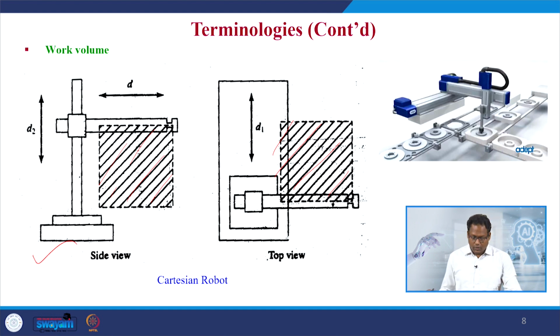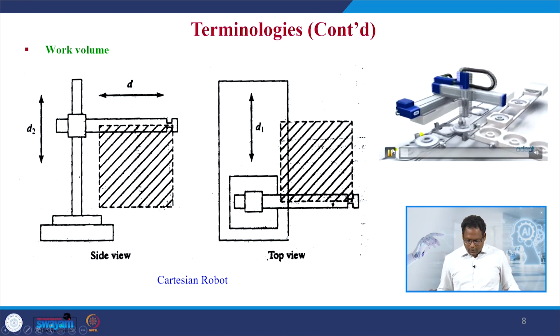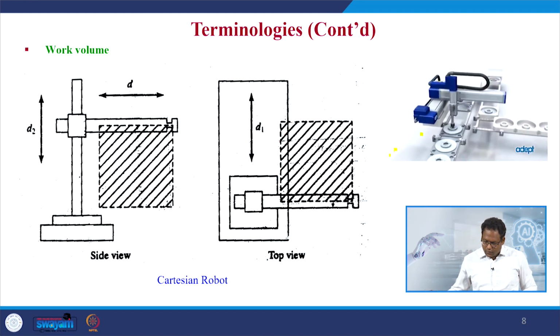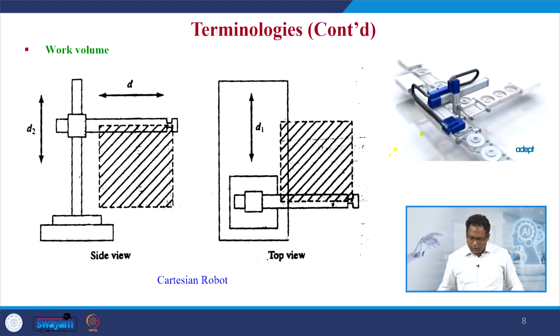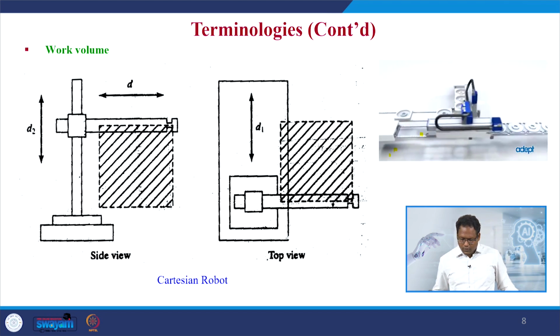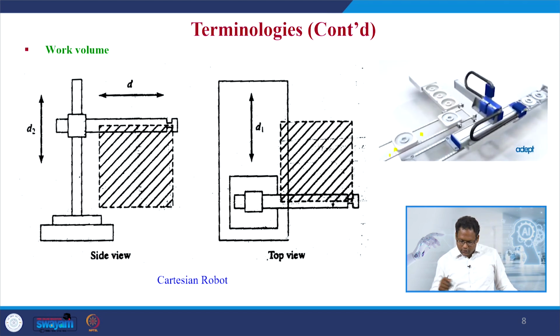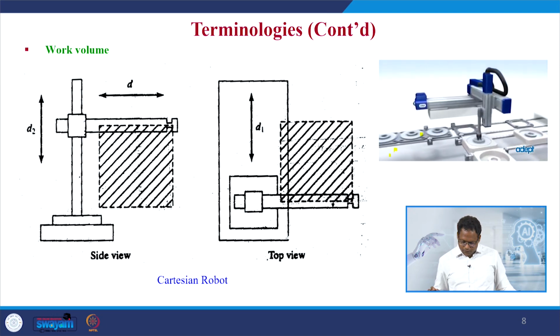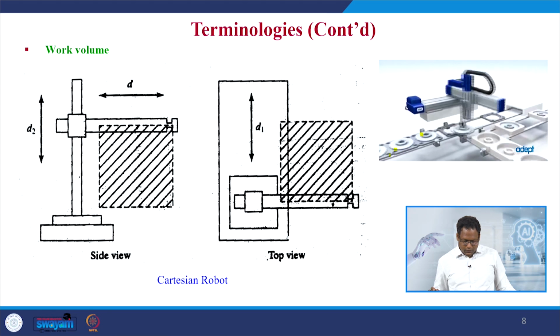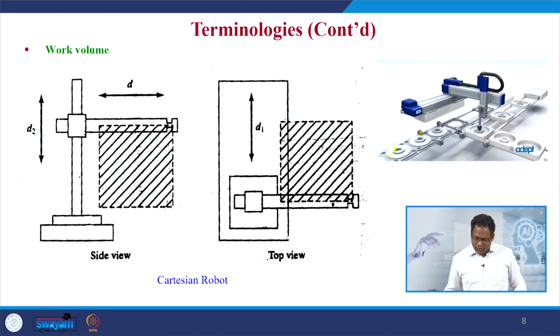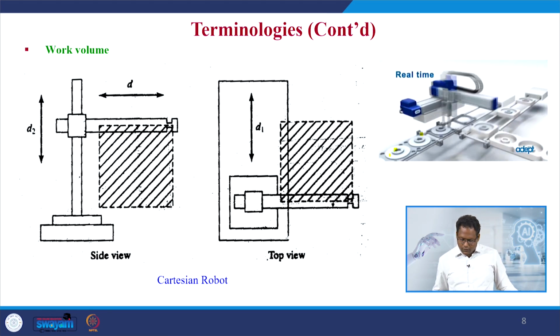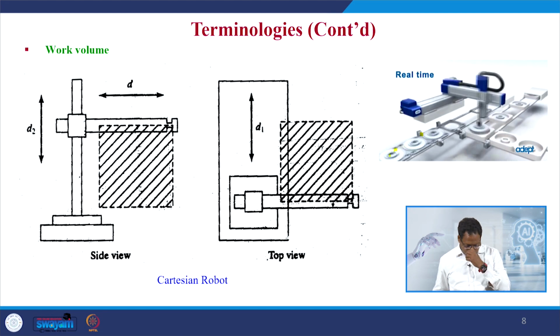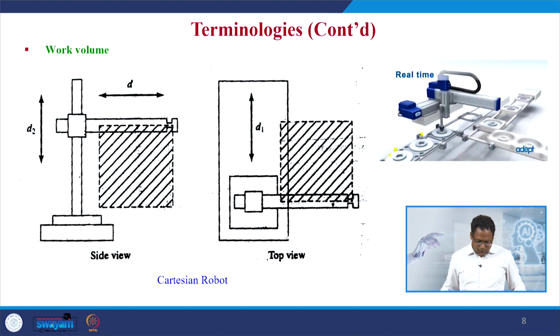q1 equal to d1, q2 equal to d2. We can see here the functioning of this Cartesian robotic system where all its joints are prismatic. You can see that they move in a straight line, not in a rotary movement. This is the real functioning of a robotic system taken from the Adept work volume workspace website, you can say.